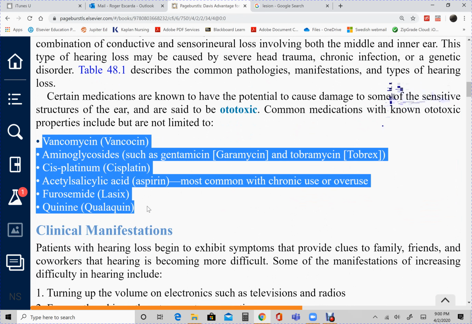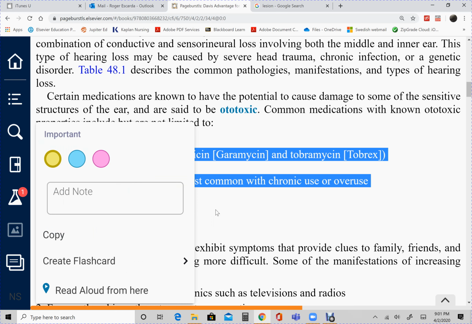However, we can easily, well, I shouldn't say easily, because sometimes there's no other antibiotic that will work. But if the doctor has a choice, meaning there are other alternatives, then we'll try to avoid these medications if they are causing damage to the patient's hearing.